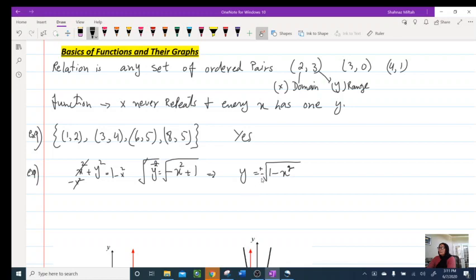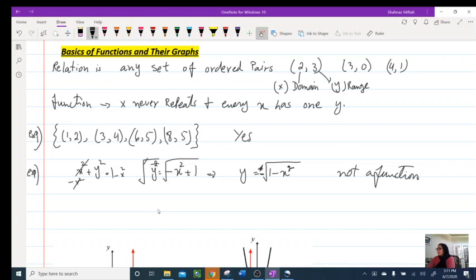So this positive and negative shows that for certain values of x, there are 2 values of y, which means this equation does not define y as a function of x. So no, this one is not a function, because I have 2 y values for an x.